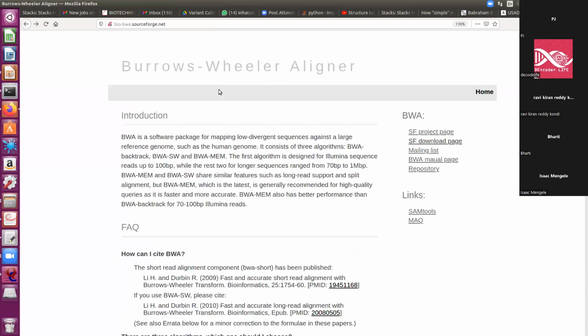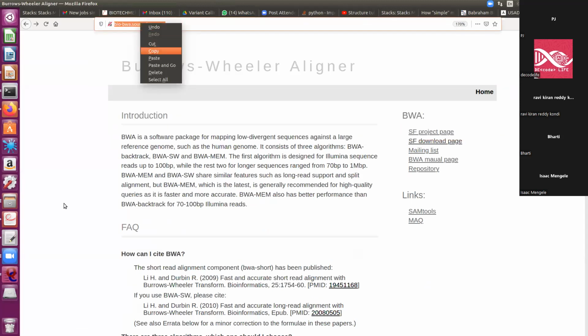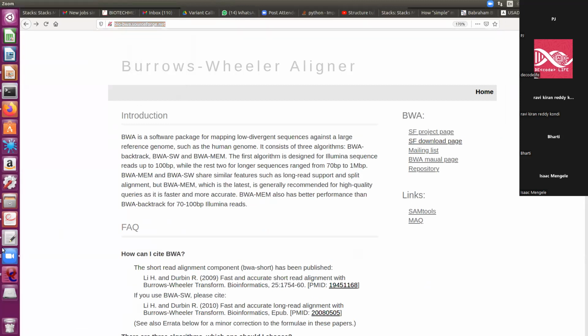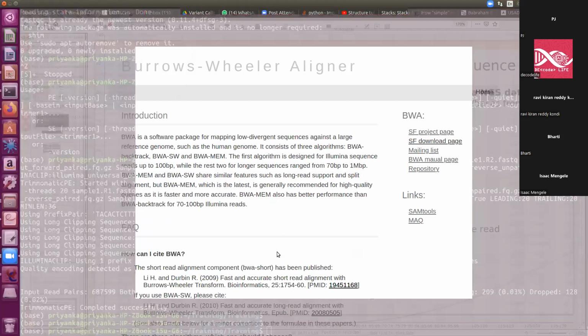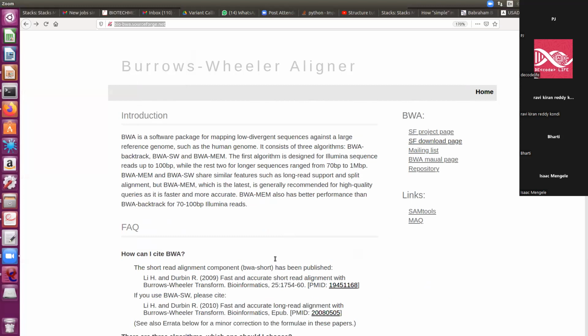BWA is a software package for mapping low-divergent sequences against a large reference genome. You can download it from here, or if you are using Ubuntu, you can type the command sudo apt install bwa. It will install this software itself.